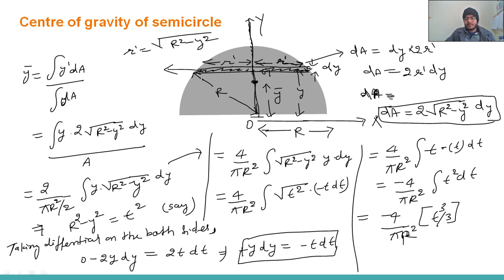And again, t is whatever we assumed, so put the value of t here. So we can write minus 4 divided by pi r square. Put the value of t, that is root under r square minus y square, meaning the power is 1 by 2, so we can write 3 by 2, divided by 3.